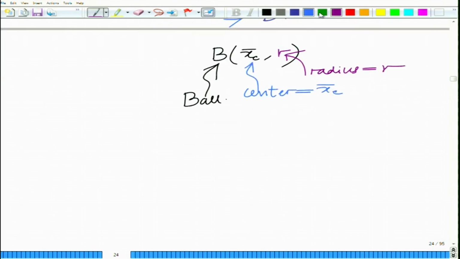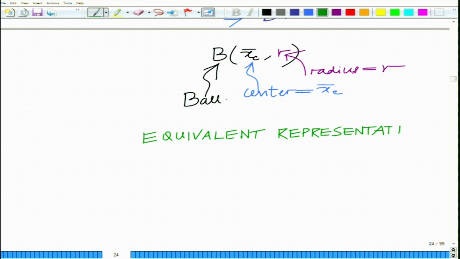Another equivalent way to represent the norm ball is as follows.